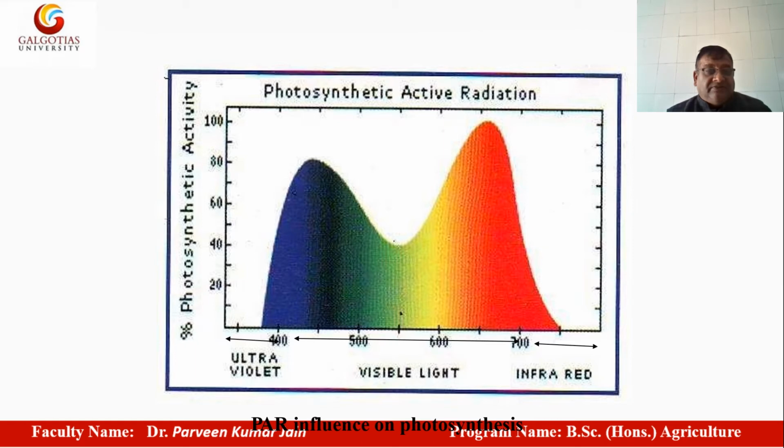Normally, 400 to 700 is the photoactive radiation, or PAR, in which the plants grow well. Below or above that, plant growth is affected, and such radiation causes retarded growth.